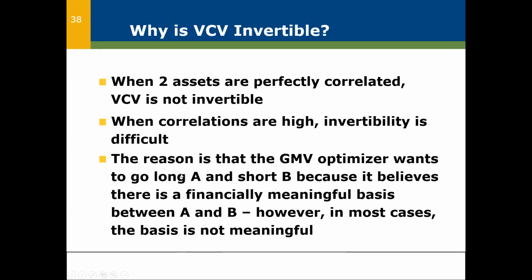If you naively dump all your assets and data into the mean variance optimization, and give it two very similar assets, A and B, where A has slightly higher return and slightly lower volatility than B, from a business point of view both A and B are essentially the same.